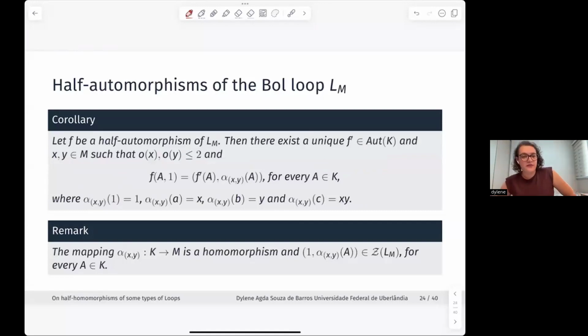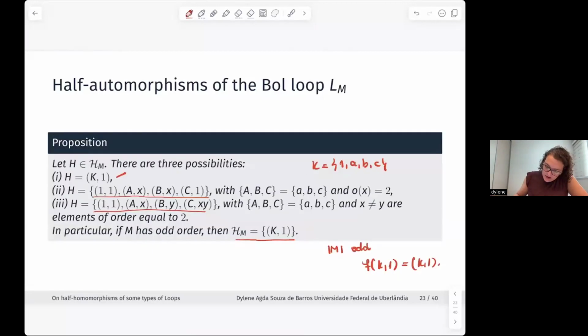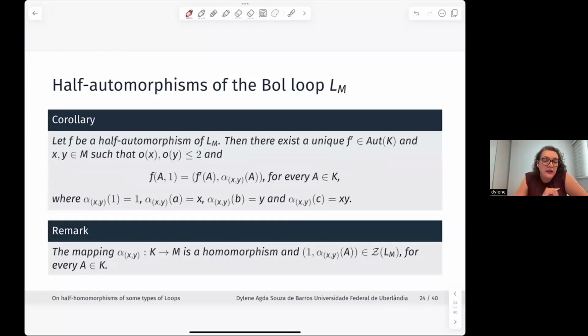As a corollary of that, we have that if F is a half-automorphism of Lm, then there exists a unique F prime, an automorphism of K, and X and Y in M with order less than or equal to 2, such that F of A1 is F prime of A, alpha XY of A, where we call alpha XY the map with alpha XY of 1 equal to 1, alpha XY of A equal to X, alpha XY of B equal to Y, and alpha XY of C equal to XY.